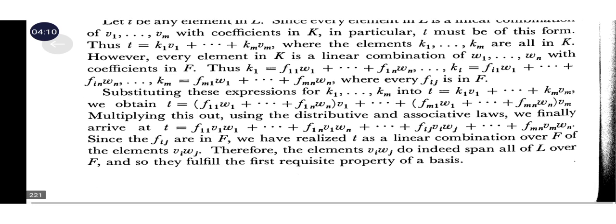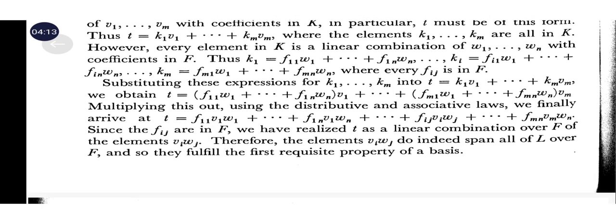Substituting these expressions of K1 to Km in T, that is T equal to K1 V1 plus K2 V2 plus and so on Km Vm, we get T equal to (F11 W1 plus and so on F1n Wn) times V1 and so on (Fm1 W1 plus and so on Fmn Wn) times Vm.